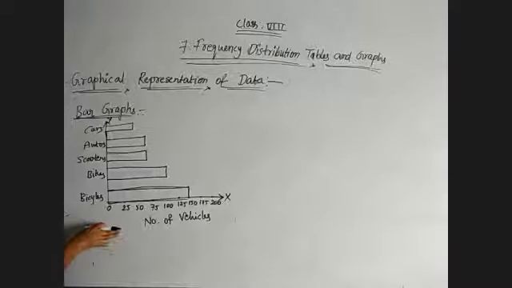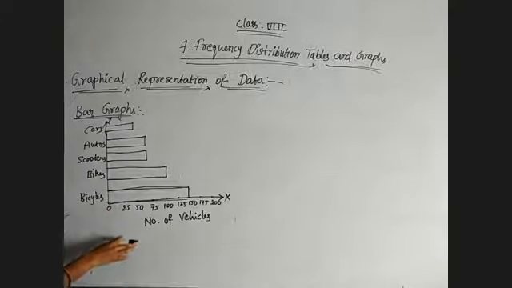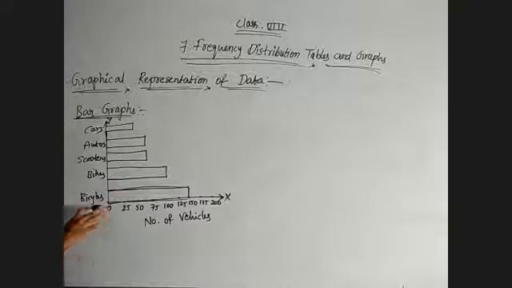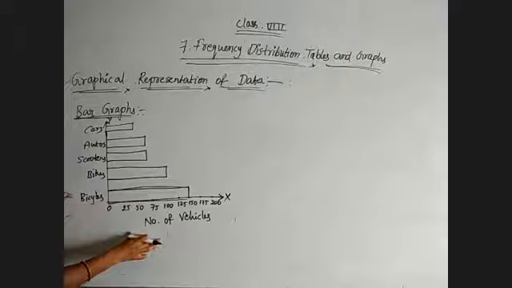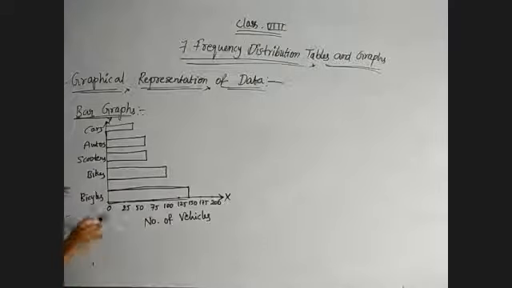By observing this bar graph, they have mentioned information about the number of vehicles for a particular village. They have mentioned 5 different types of vehicles.